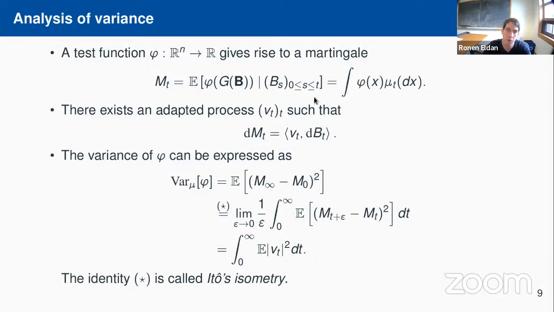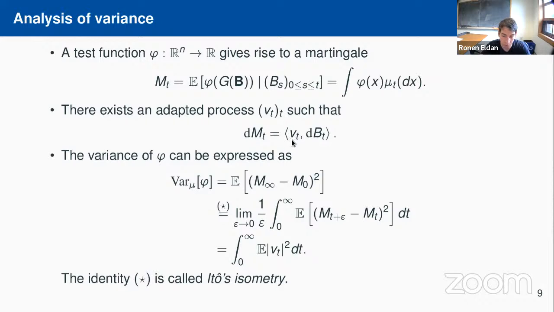Two slides ago, we conditioned on those random bits that we revealed. Here we condition on the path of the Brownian motion up to time t. Now, one thing we can do is differentiate this process with respect to time. And it turns out that there is some kind of chain rule here saying that the time derivative of m_t will correspond to the instantaneous change of this Brownian motion B_t, and it's always going to be in some certain direction.